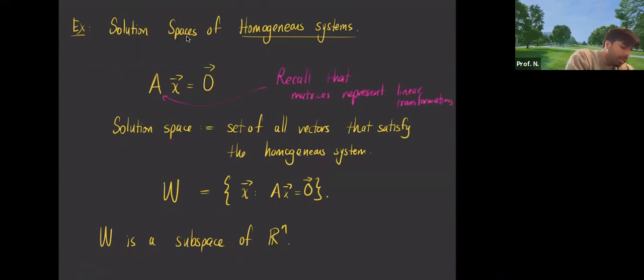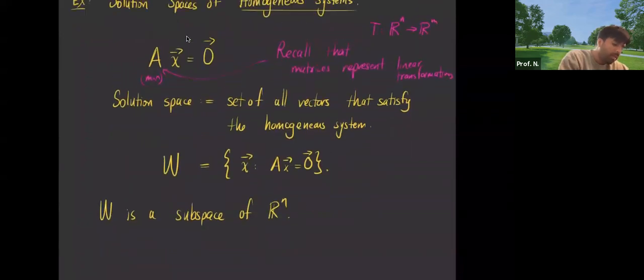And so if my A is an m by n matrix, then my transformation T goes from Rn to Rm. Remember this? So in this case, W is a subspace of Rn.